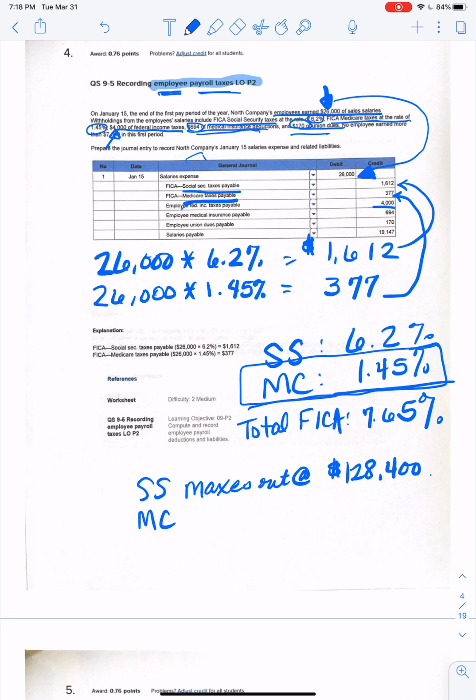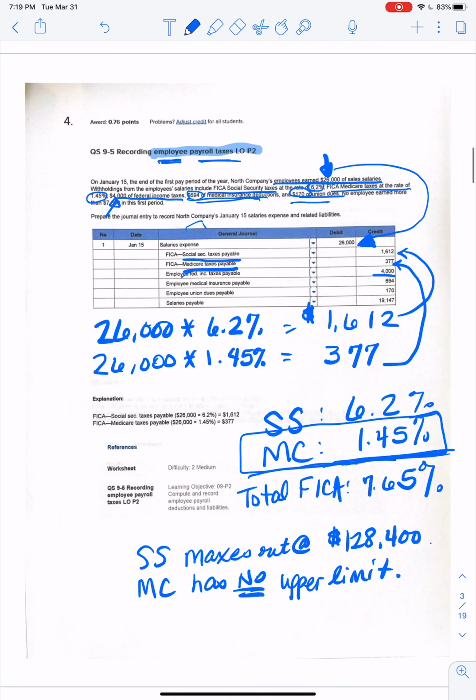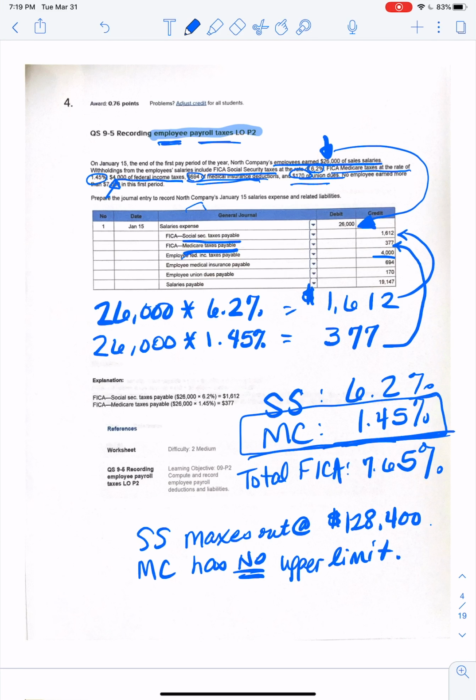But Medicare has no upper limit, meaning you pay 1.45% on every dollar you earn. Doesn't matter if you make $128,400, $5,000, or $100 million, you're paying 1.45% of that amount in Medicare tax.